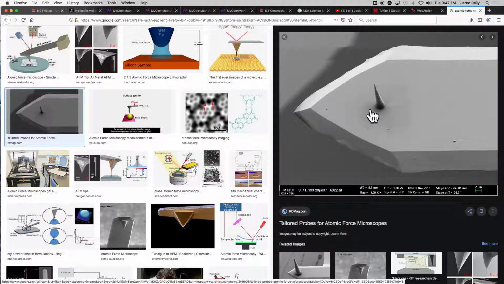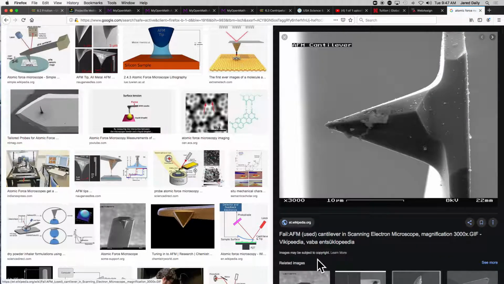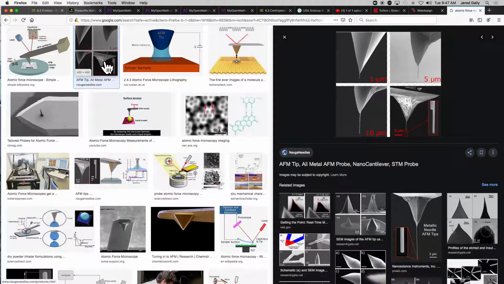If you put it under a very high-powered but fairly normal microscope, it would look like just kind of a sharp tip like this. However, if you put it under what we call a scanning electron microscope or a tunneling electron microscope, you would see that at the very end there's even a sharper bit of it down here. And this sharper bit can be very, very tiny.